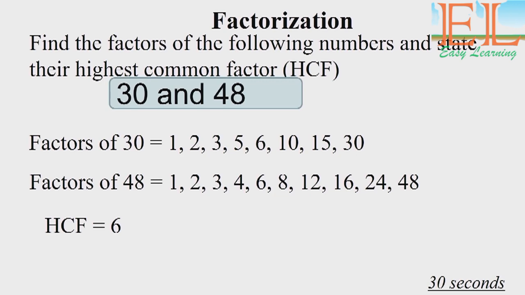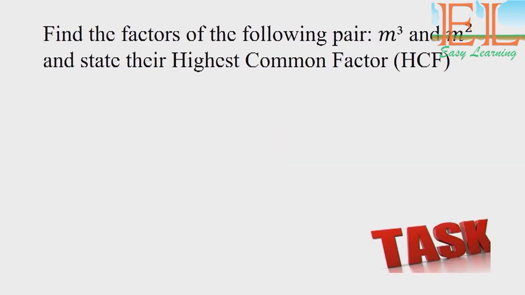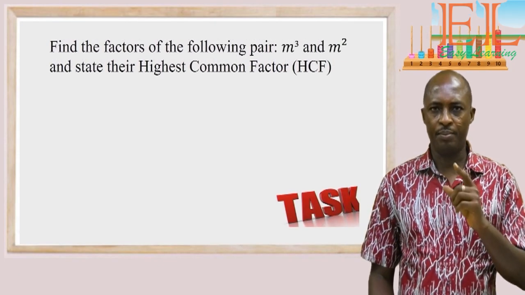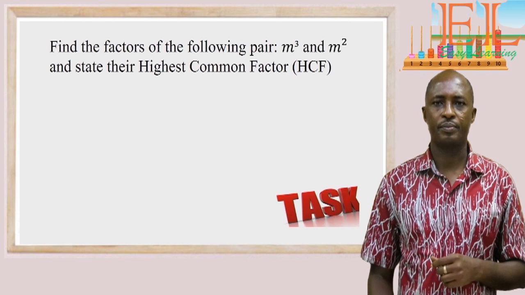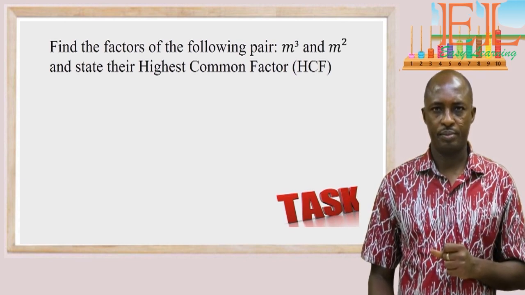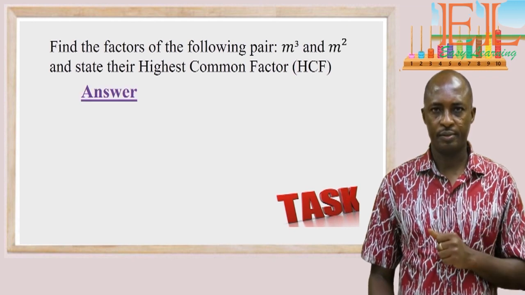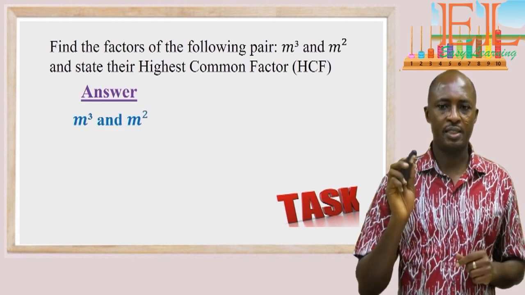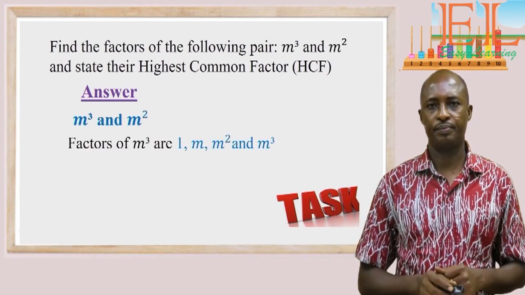Let's take another pair. m cubed and m squared. What are the factors of m cubed? Here I have 1, m squared, and m cubed itself.